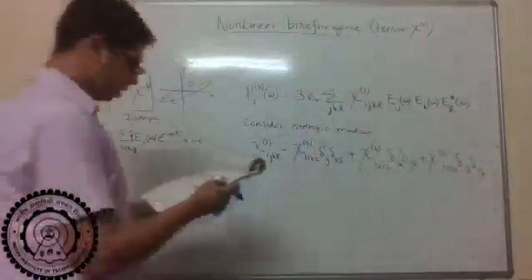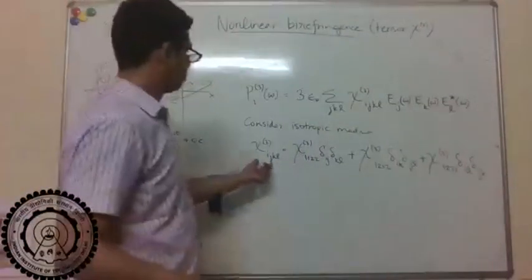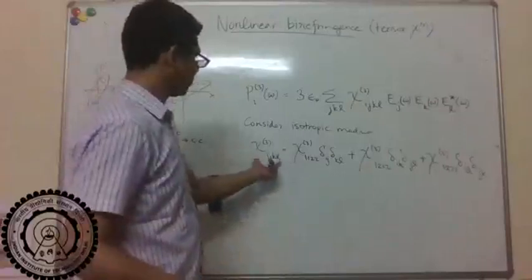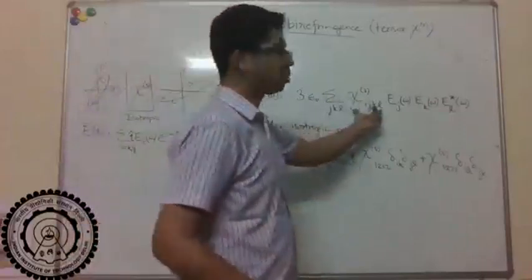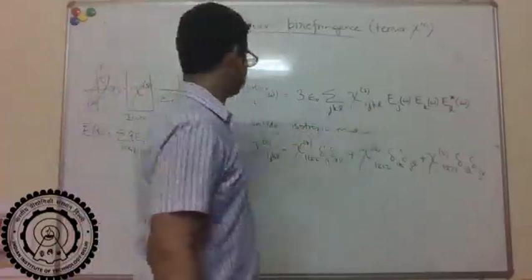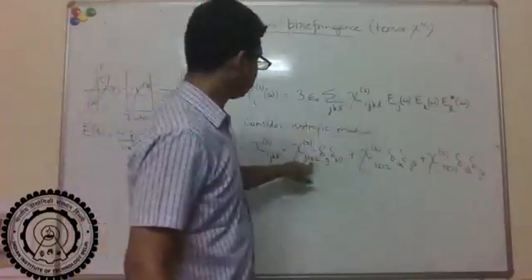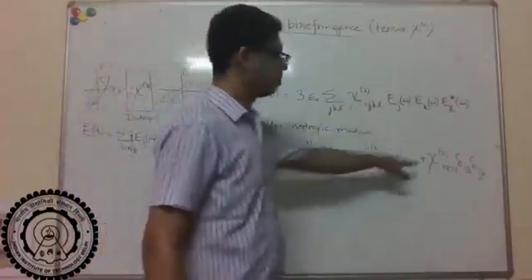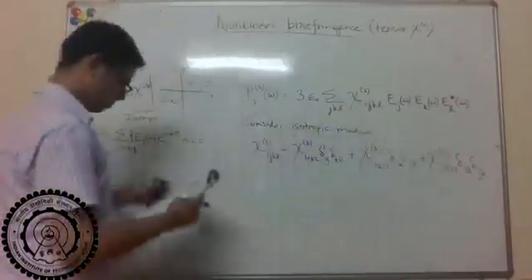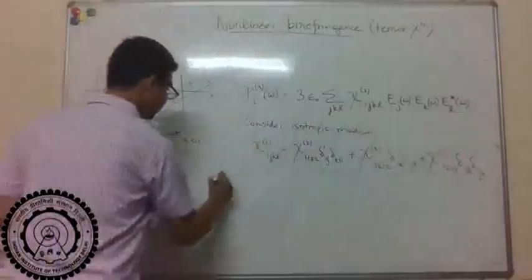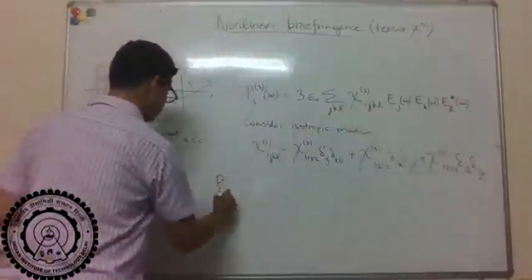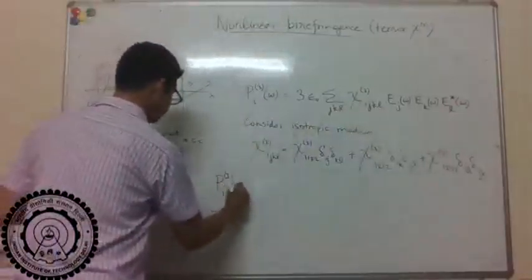So basically, if I put this chi3 ijkl into the expression for polarization here, you see that the only terms which appear are which have two of the indices the same. So I can write the nonlinear polarization.